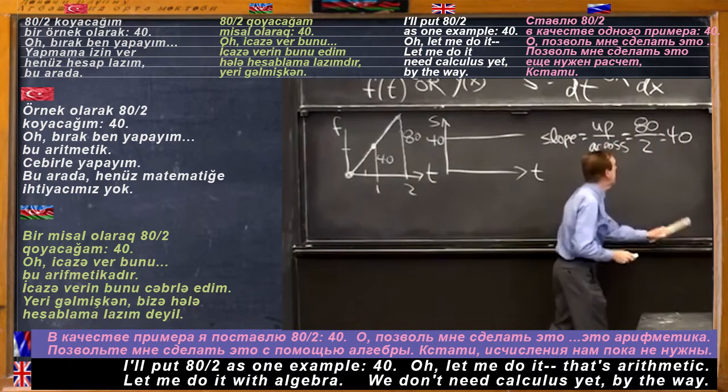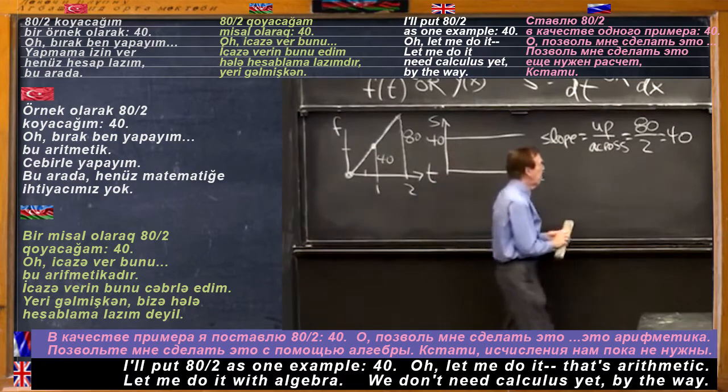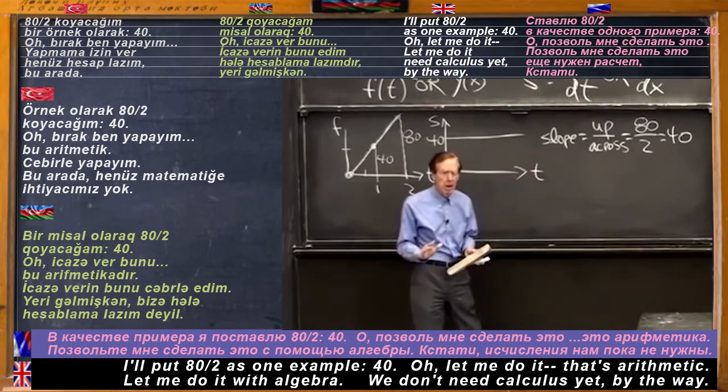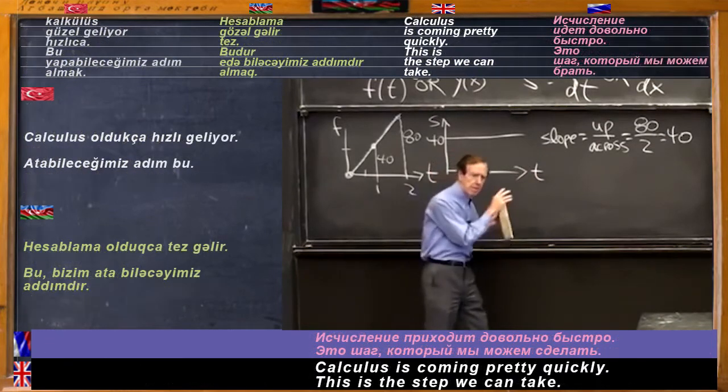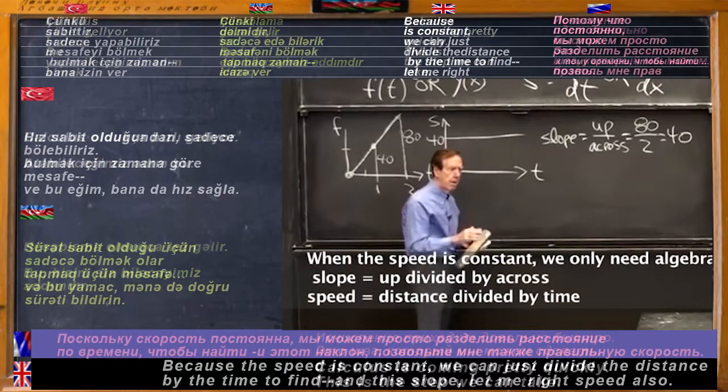Oh, let me do it. That's arithmetic. Let me do it with algebra. We don't need calculus yet, by the way. Calculus is coming pretty quickly. This is the step we can take.